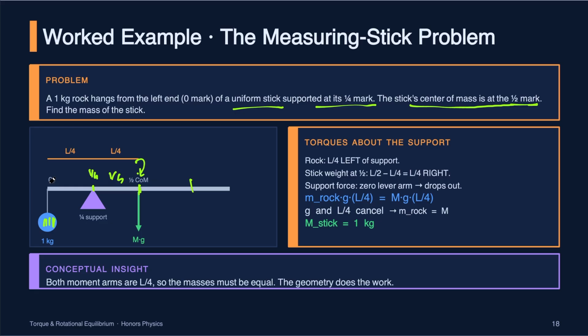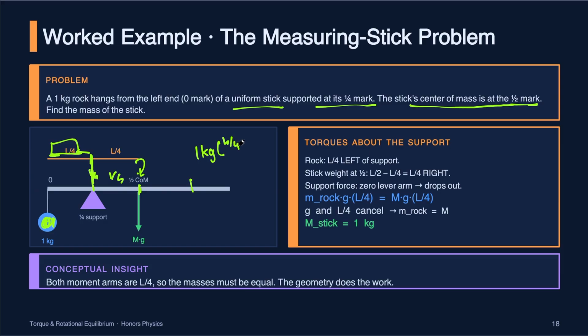Anyway, so at 0 we have 1 kg times, what's the force here going to be? The force times the length of the object. How far is it away from the fulcrum point, which is L/4, right?